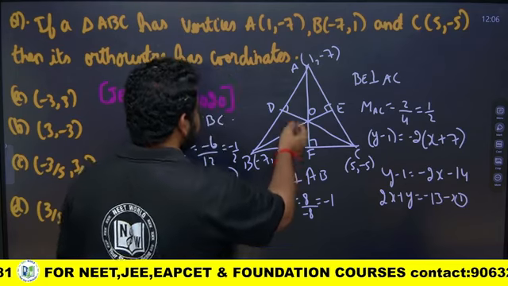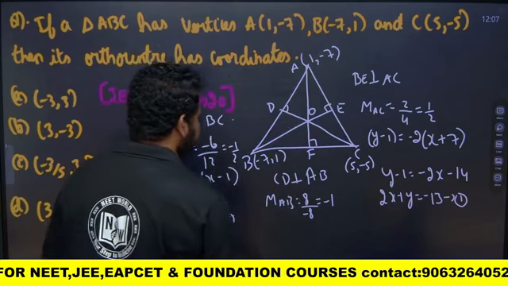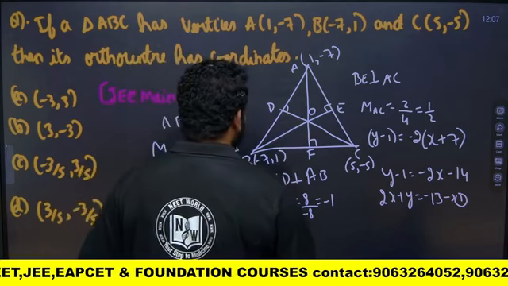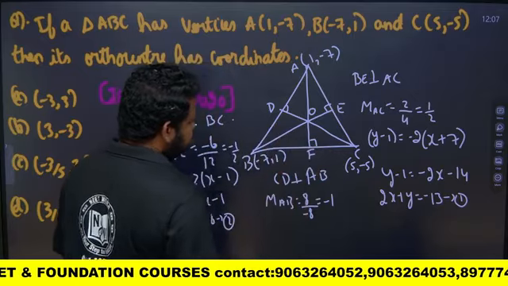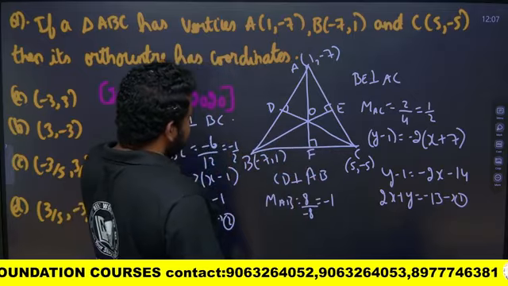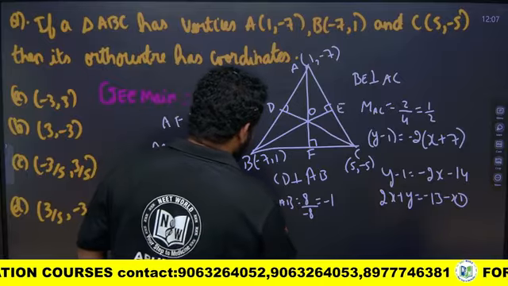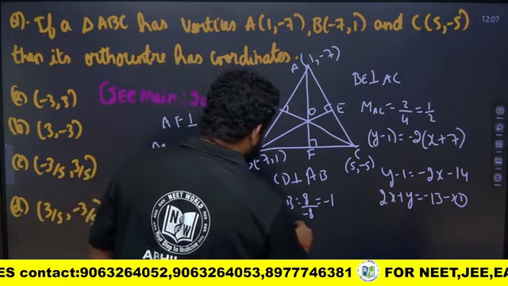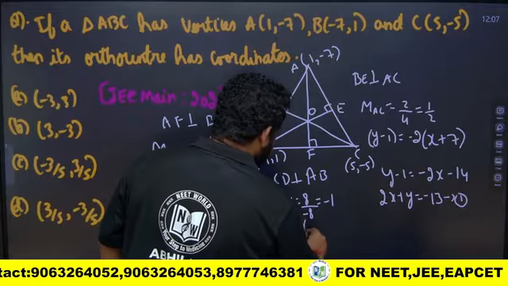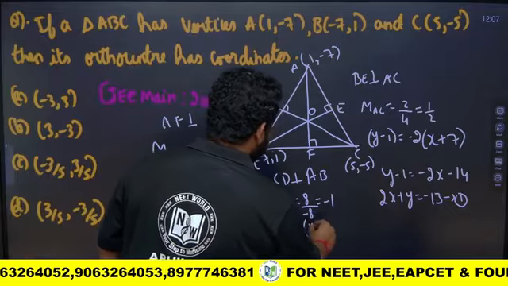Now the equation of the line CD we have to take. Equation of the line CD, using one point form, is y minus y1, that is y plus 5, equals 1 into x minus x1. X minus x1 is x minus 5.